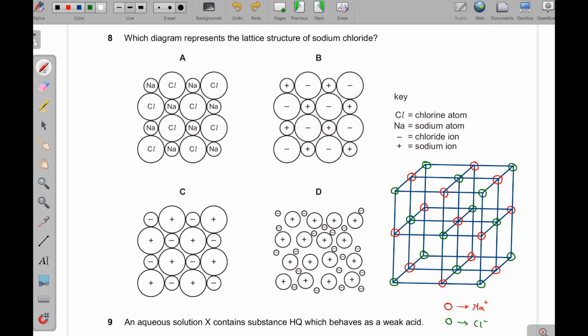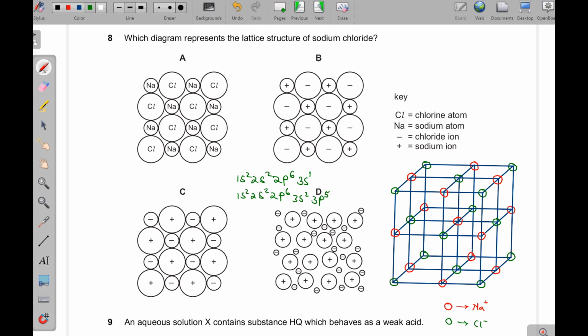Now sodium as an ion, by the way, when we look at the structures, remember, sodium is 1s2, 2s2, 2p6, 3s1. Then chlorine, 1s2, 2s2, 2p6, then 3s2, 3p5.